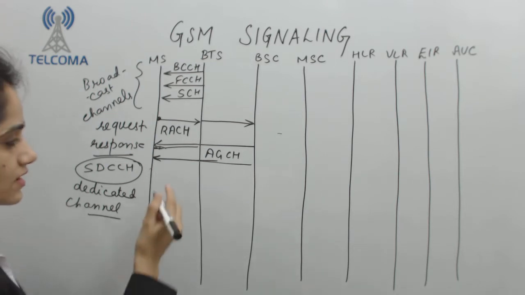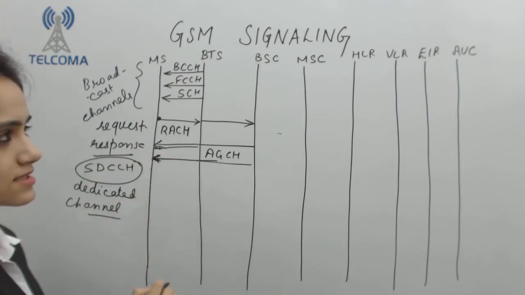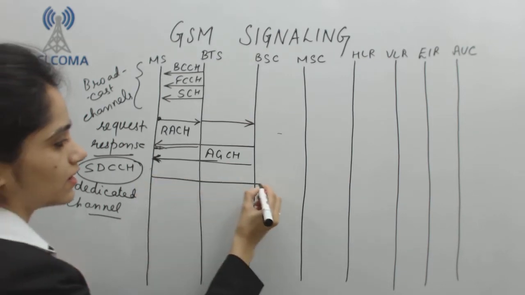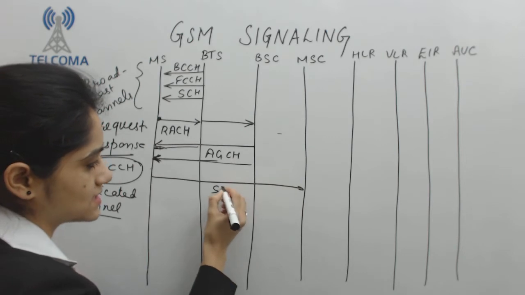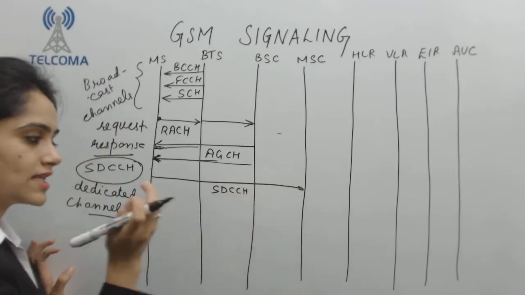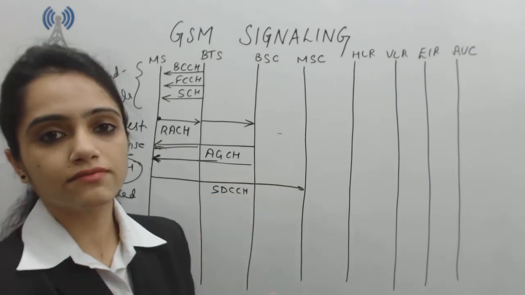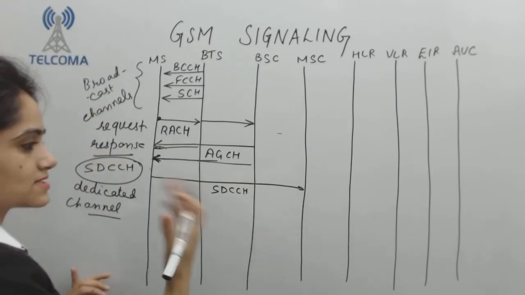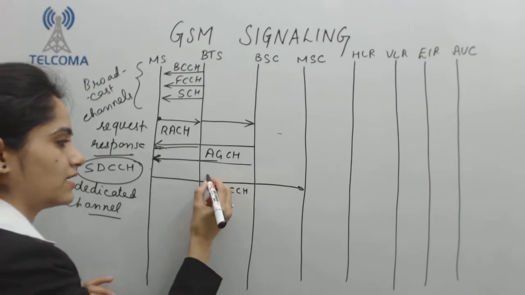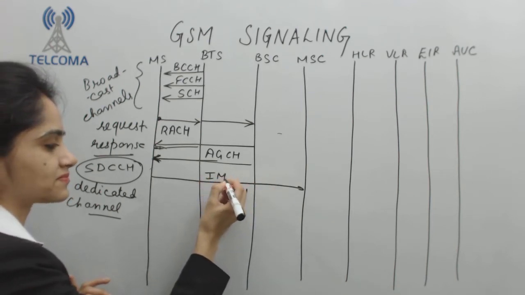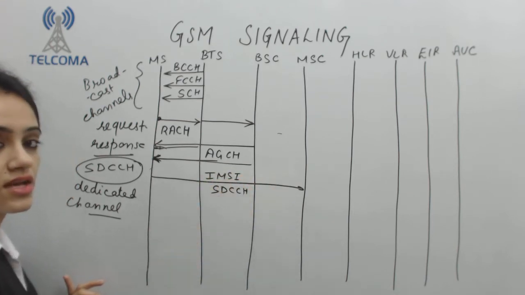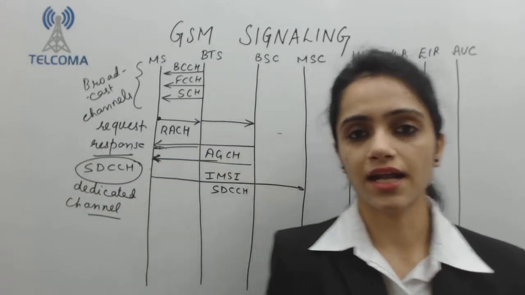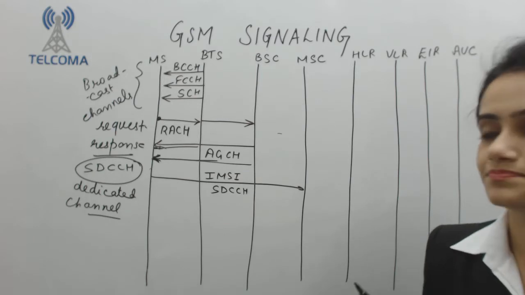Now, so I'm getting an SDCCH channel. Let's start the signaling process. So now I have my SDCCH channel. On this channel, I will send each and every piece of information. So okay, this is my medium. What will I send? I mean the mobile station will send a number, and that number is the IMSI number.